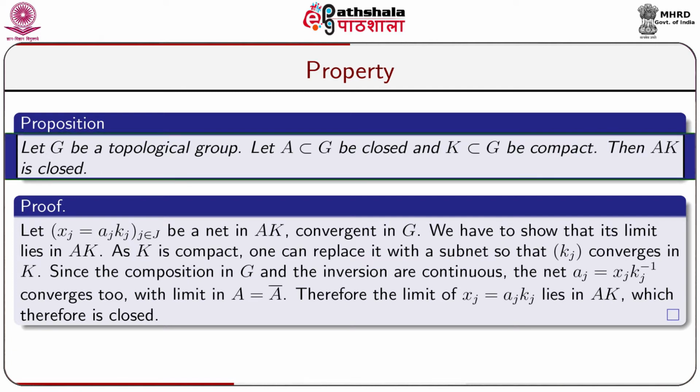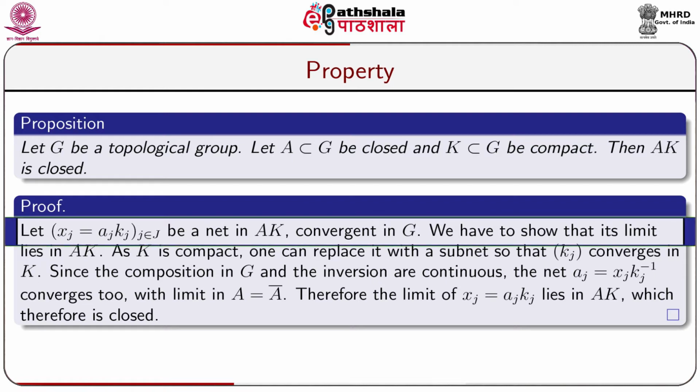Let G be a topological group and let A subset of G be closed, and consider K subset of G be compact. Then AK is closed. To prove this, we use nets. Let us consider a net in the product AK.